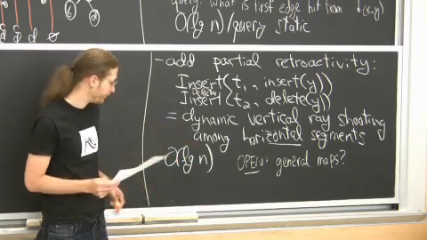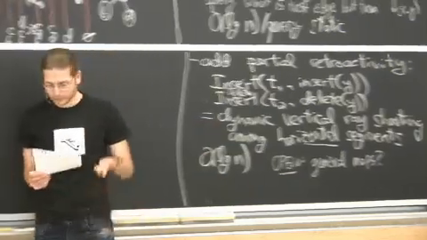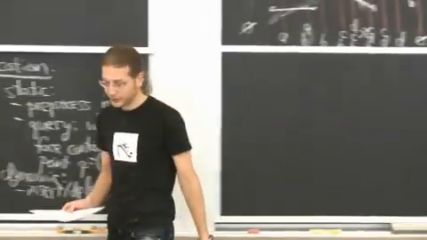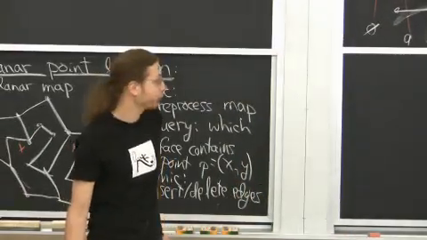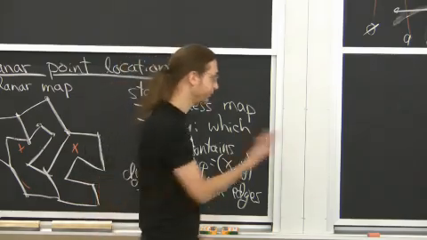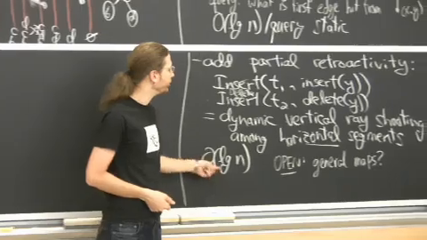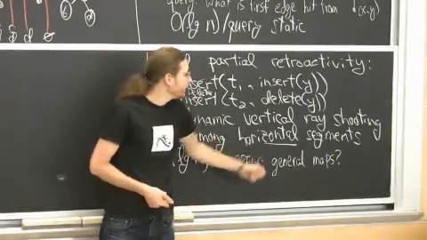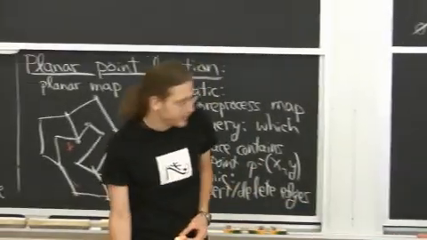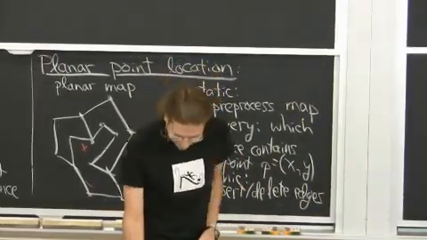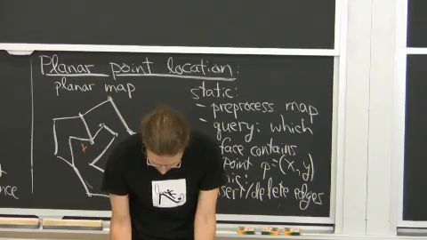There are some other trade-offs. Still, we don't know how to do deletes faster than log squared in any of the general solutions. So you can do log squared for everything, but the hope would be you could do log for everything, even when the segments are not horizontal. But here, retroactivity doesn't seem to buy you anything. Be nice if you could.